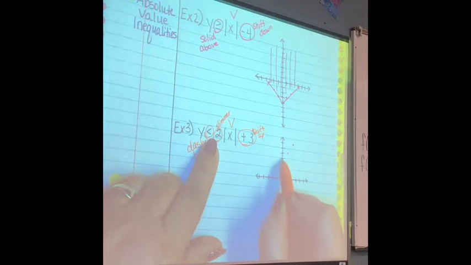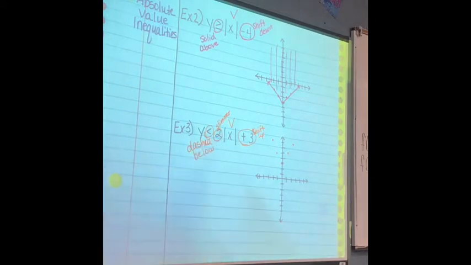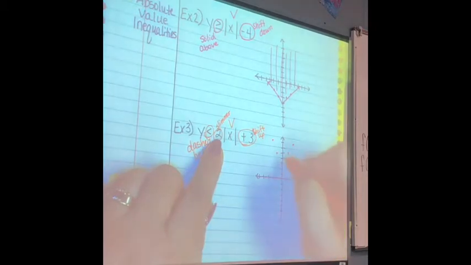So over here we would be able to do the same thing. And that is how that dilation works on an absolute value. Now it works differently with the quadratic, but for the absolute value, this dilation just changes the slope. You with me? All right, dashed line. A little Morse code going on.